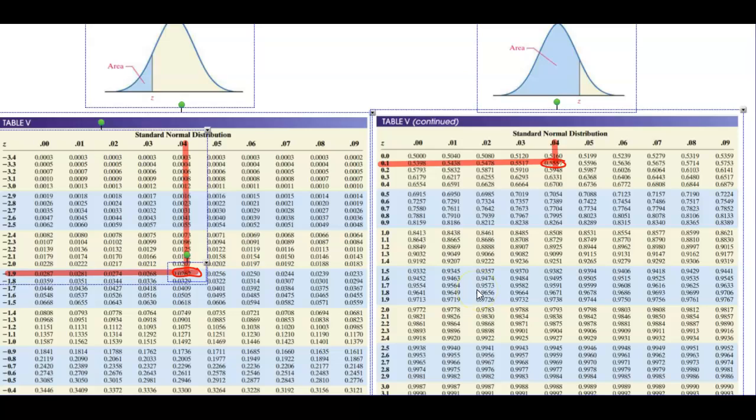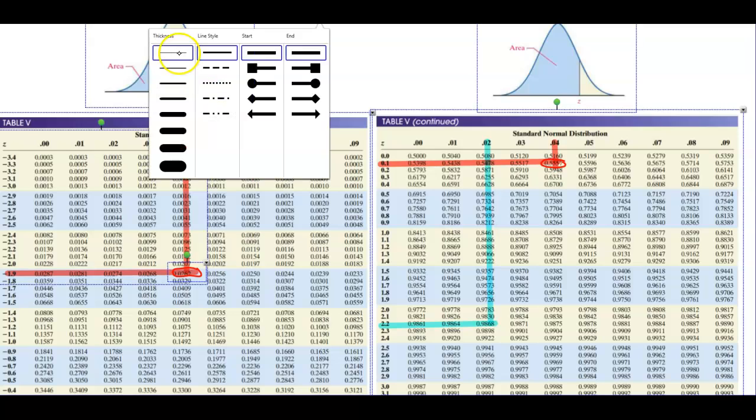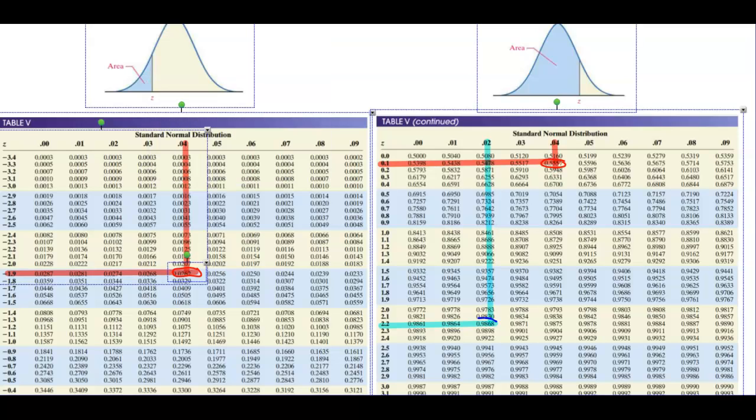We're looking at 2.22, so there's 2.2 and there's the 0.02, and we can see that the area that's given there is 0.9868.